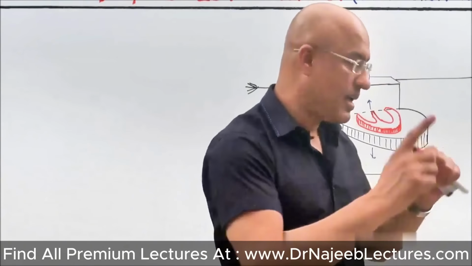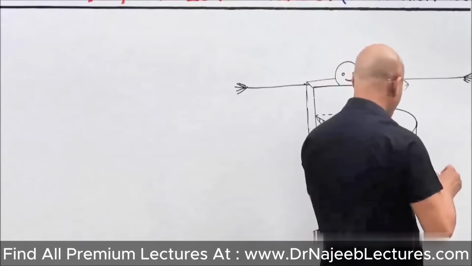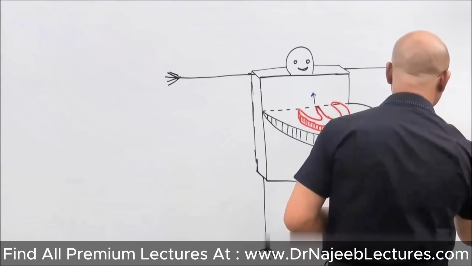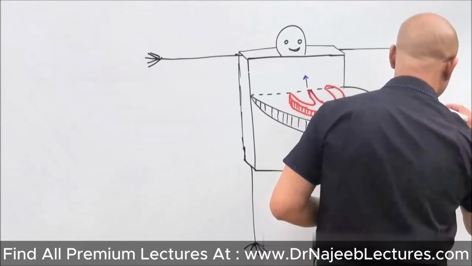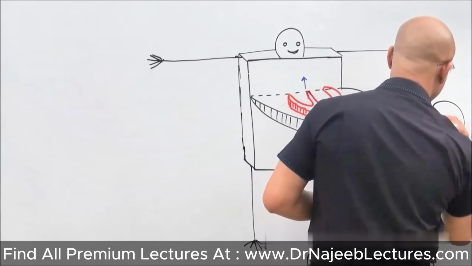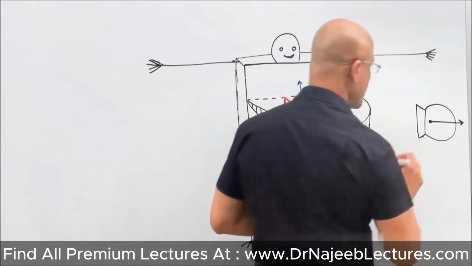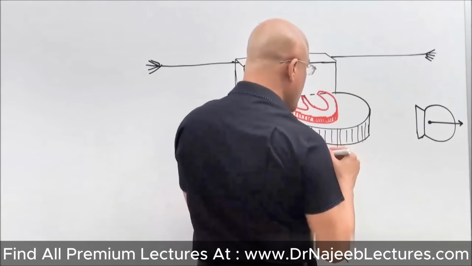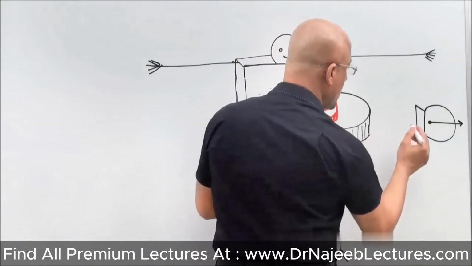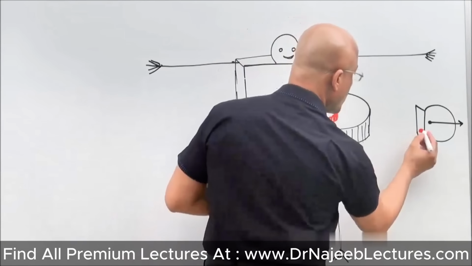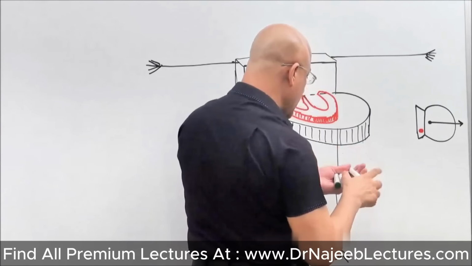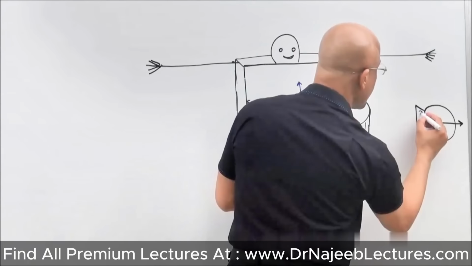Let's put a galvanometer here, our ECG machine. This is our ECG recorder. Here it is the positive terminal, and here it is the negative terminal.